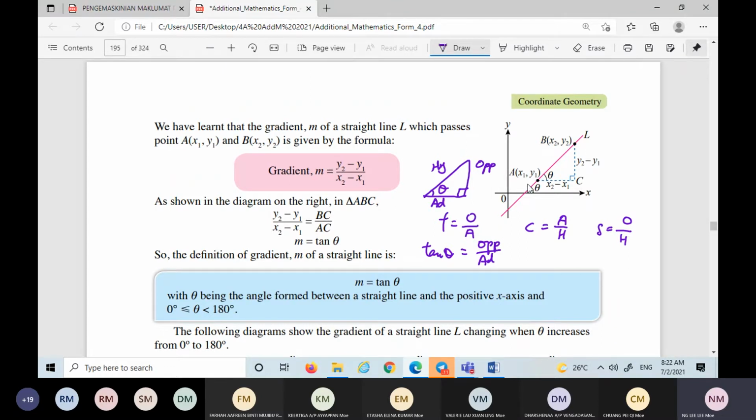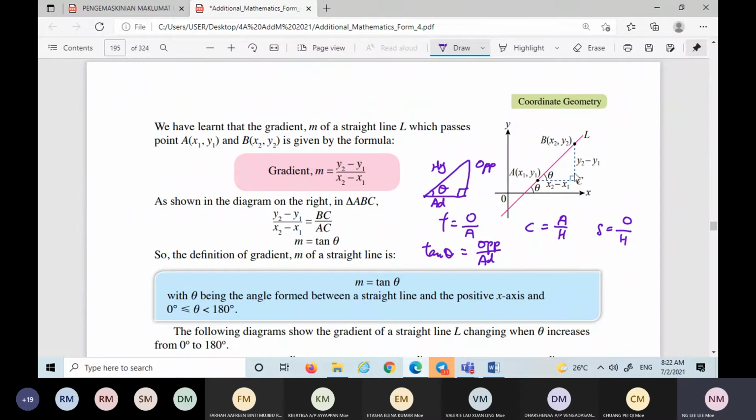If you look at this diagram, you have a point A and a point B. Point A you label the coordinates as (x1, y1). Point B you label as (x2, y2). If you use the gradient formula, y2 minus y1 over x2 minus x1.